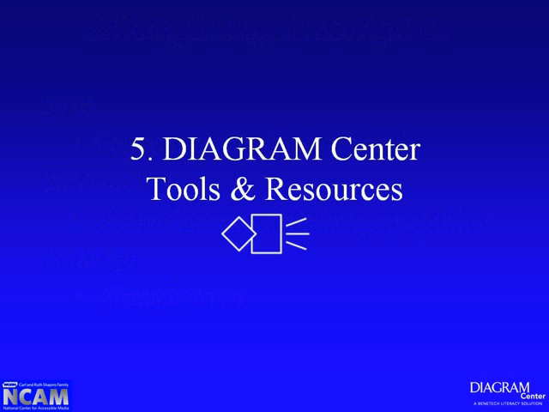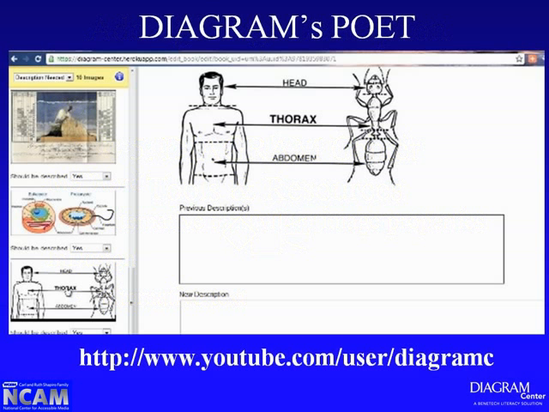Now, the Diagram Center has been very busy creating tools and resources for adding image description to digital books. The Poet tool is authoring software, image description authoring software. Now, what do I mean by that?